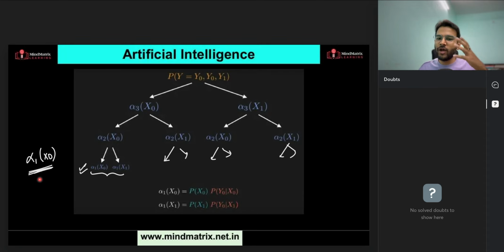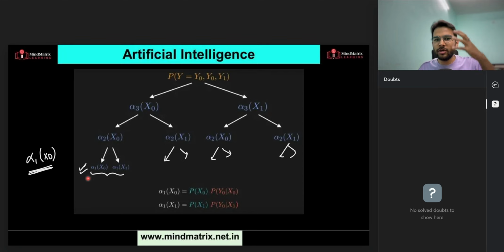Like if you have ever written the program of factorial, when does the program execution stop? What is the base condition for a factorial? Either n is equal to 0 or n is equal to 1, return 1. Yes or no? This is what you do. So that is the base condition.